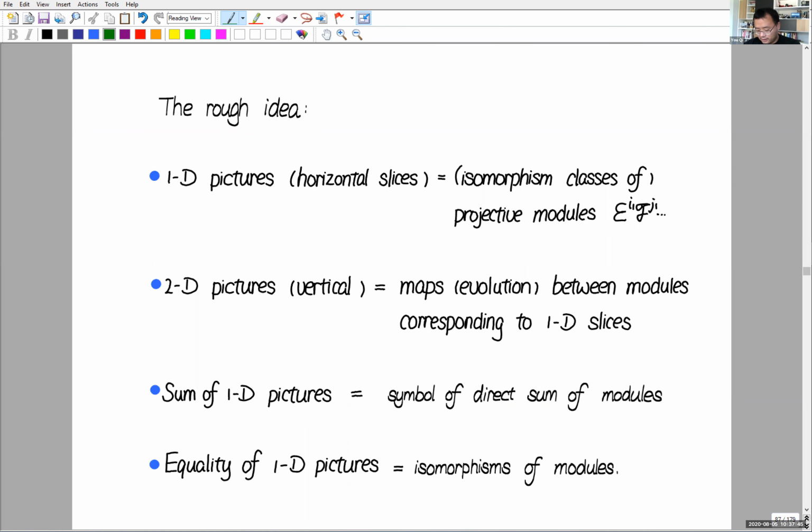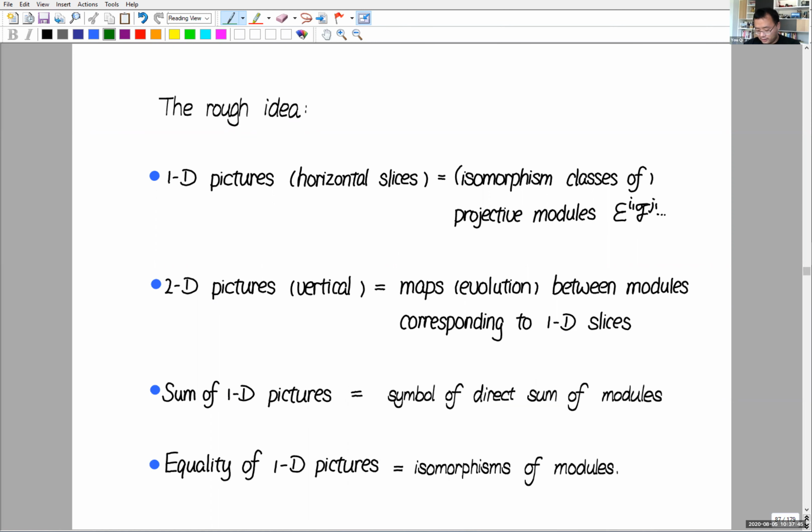But for this talk, we'll just be presenting Lauda's diagrammatic calculus for U_q(sl_2), and this has a vast generalization to any quantum Kac-Moody algebra associated to any g. But this is the simplest and the most illustrative version to discuss. So we want to discuss how maps evolve among E's and F's.